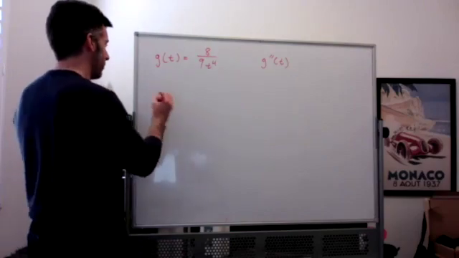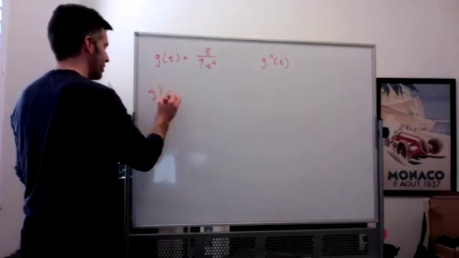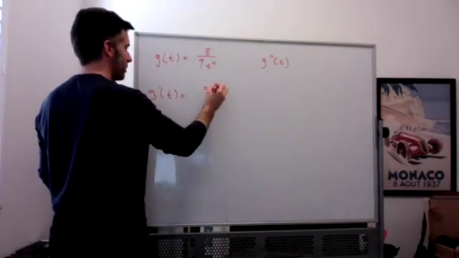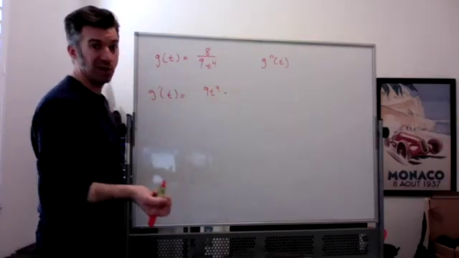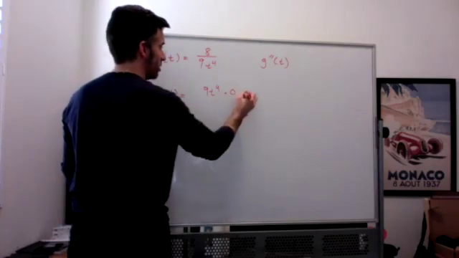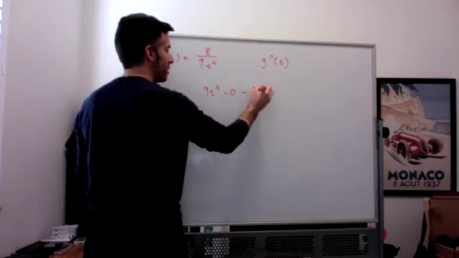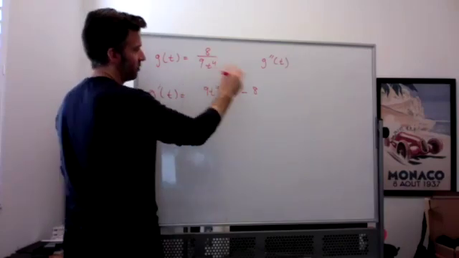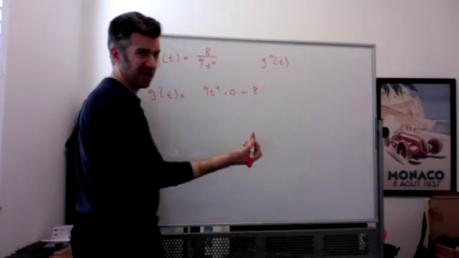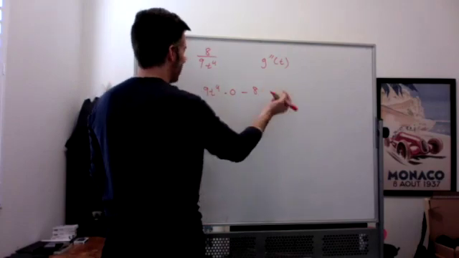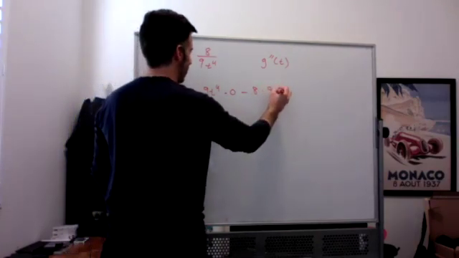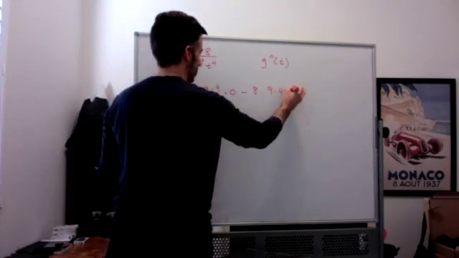Using the quotient rule, the first derivative is going to be the bottom times the derivative of the top, which is 0, minus the top times the derivative of the bottom. The derivative of 9t to the 4th, the numbers are going to get kind of big here, so I'm going to write it as 9 times 4t cubed.